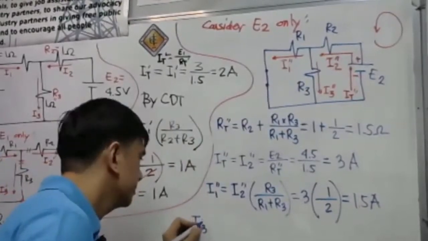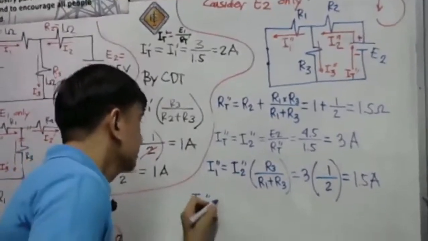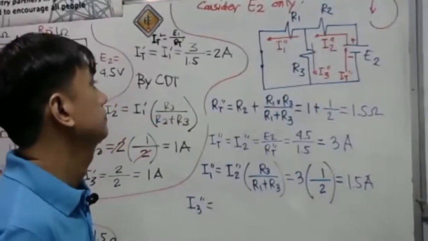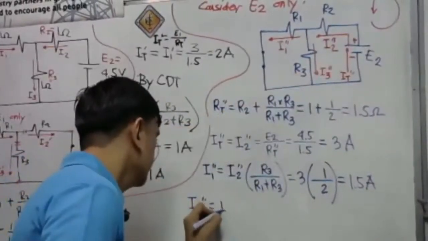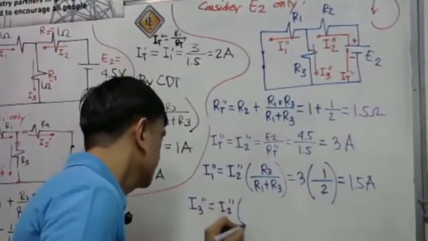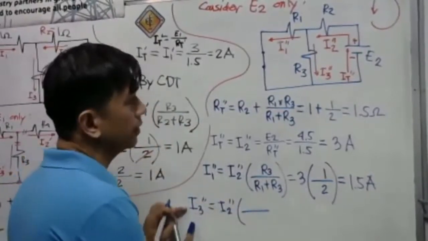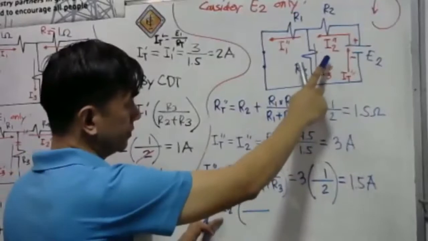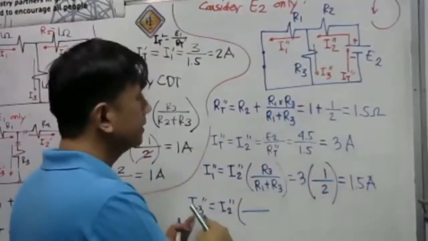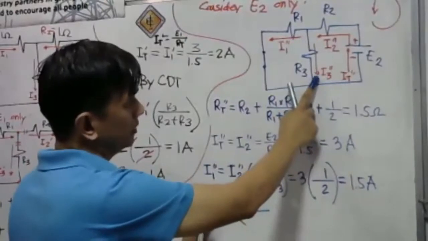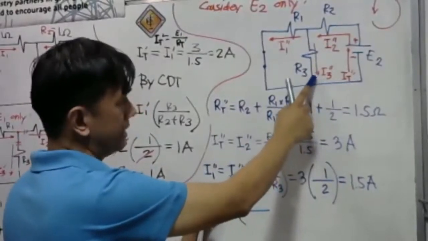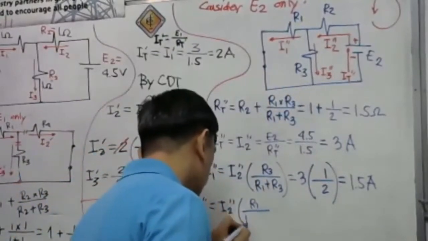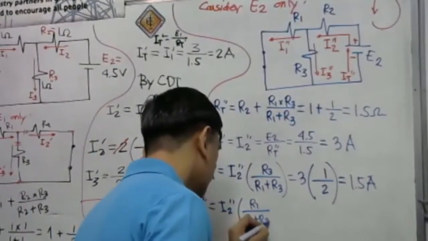I3 double prime is equal to the resultant current, I2 double prime, multiplied by the opposite resistance. What is the opposite resistance of I3? It is R1. So put here R1 over R1 plus R3.